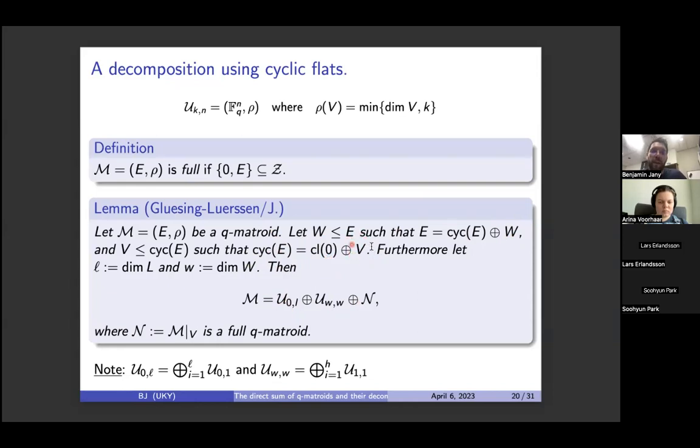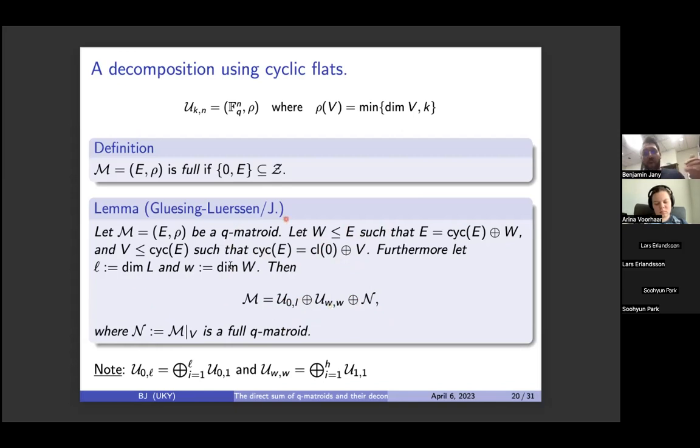And so this V here will be the ground space of N, our full q-matroid, and the closure of 0 will be the ground space of this trivial q-matroid. Okay, so we make a few choices here, mainly W and V. However, we can show that no matter what choices we make, the direct sum will end up being equivalent.